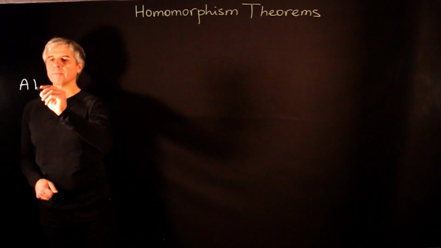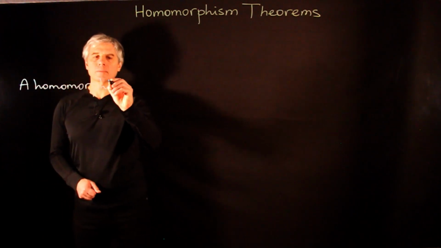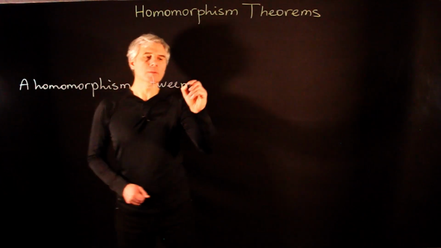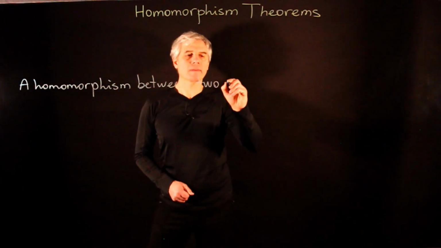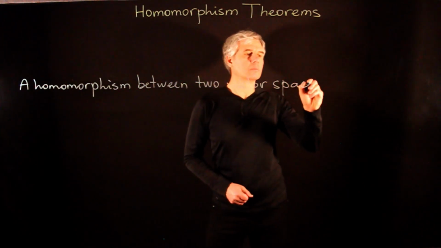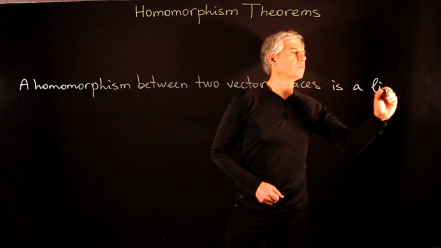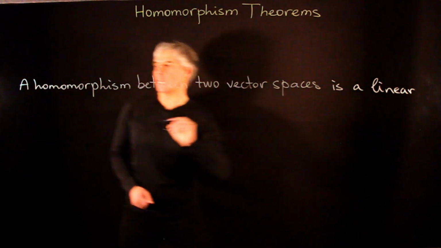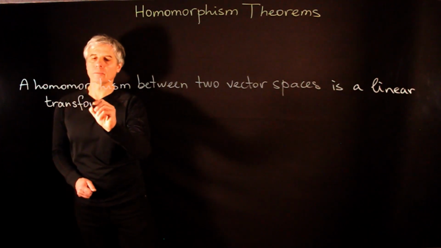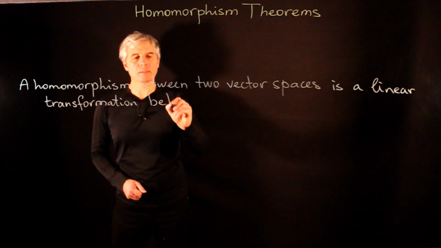A homomorphism between two vector spaces is just a linear transformation between these spaces.